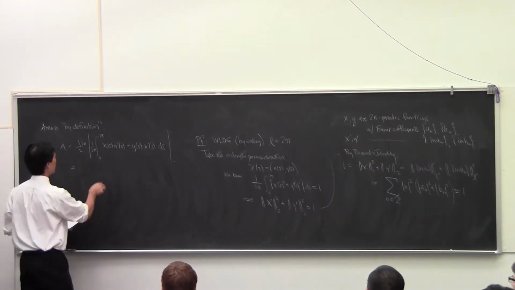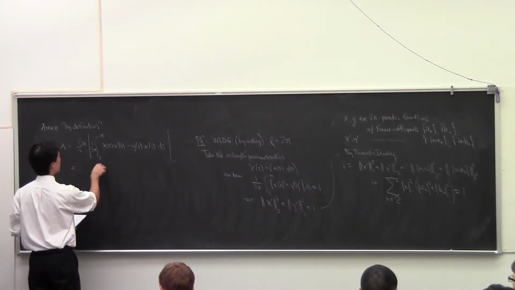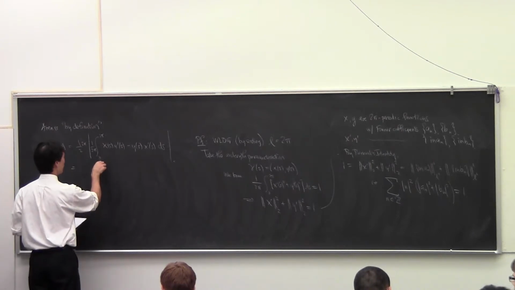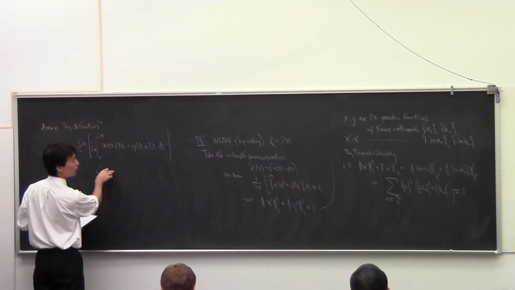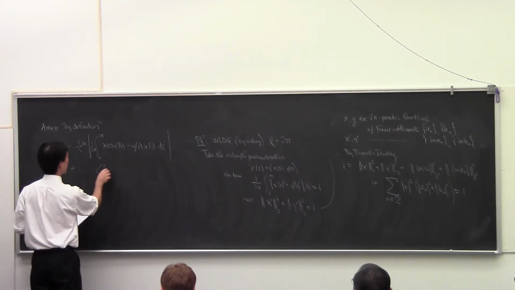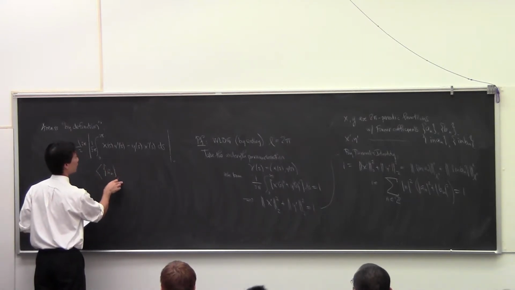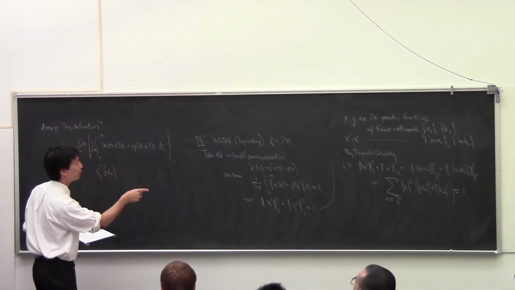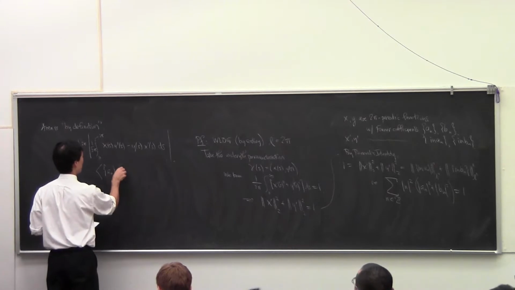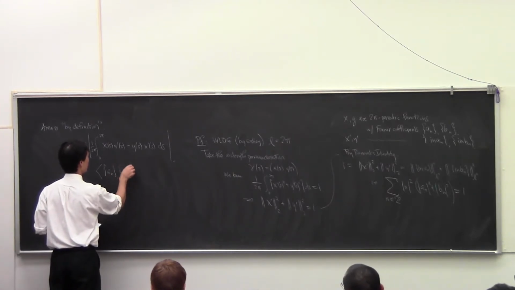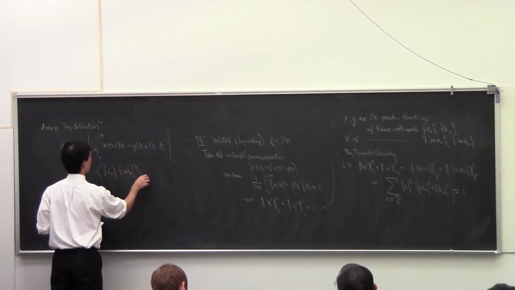This should be, right, so we're taking the inner product of the a_n's against the guys for y prime. Y prime is i n b_n, right?